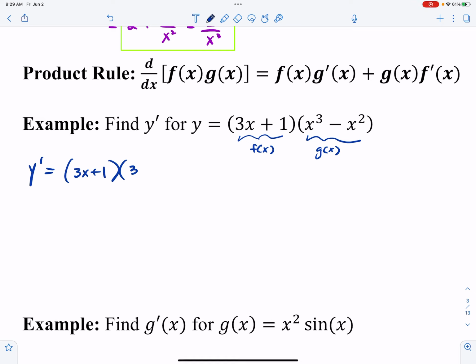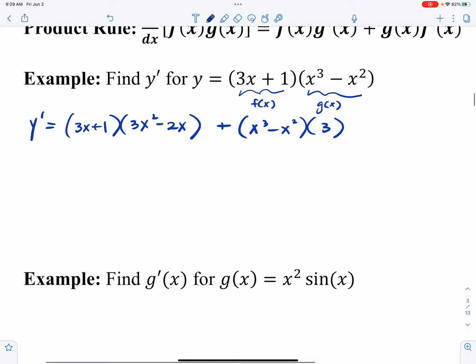So power rule within product rule here would be 3x squared minus 2x plus the second factor times the derivative of the first, which would actually just be 3. So that's it. You can multiply that out and clean it up a little bit, but that's the derivative.